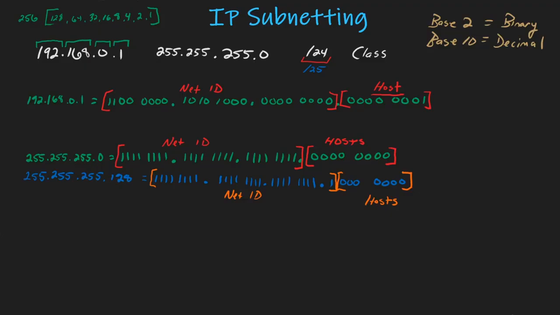So we knew in a class C scenario, or the /24, if we saw anything that started with 192.168.0, no matter what came after that, as long as these first 3 octets matched, it was part of our network. Well, with this one, it's not following the octet. The first bit in our last octet is used in the network ID.